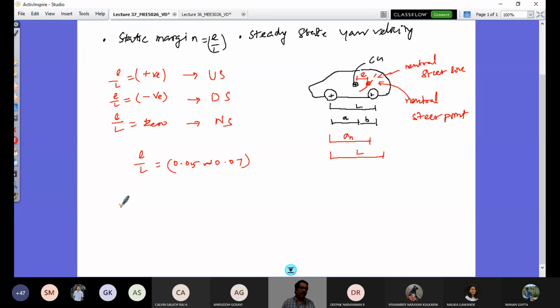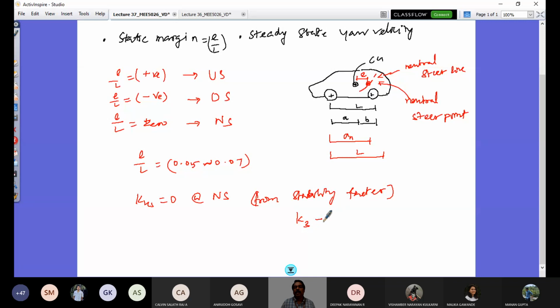So what is neutral steer tendency? K_US is 0 at the neutral steer tendency of the vehicle. So if K_US is 0, how do you define this? K_US is also defined from a stability factor. We have looked at the relationship between them. So how do you define the stability factor?